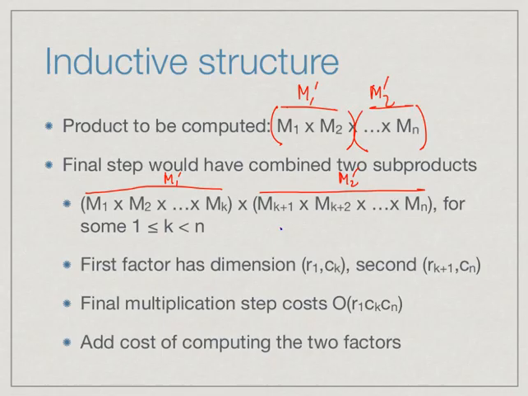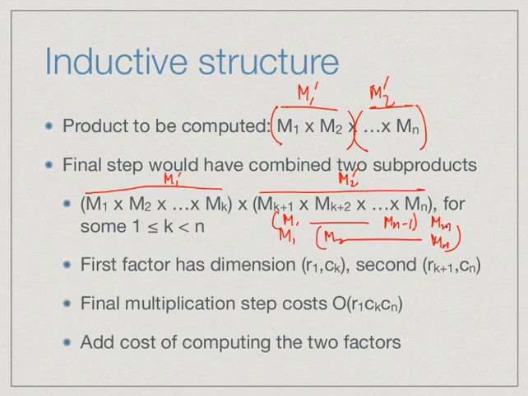And this k is somewhere between 1 and n. So in the extreme case, I could be doing M1 on one side, and on the other side, I could have done M2 up to Mn, this whole thing. The other extreme case, I could have done M1 to Mn minus 1, which I might have already computed, and now I want to finally multiply it by Mn. Or it could be anywhere in between. So if I just pick an arbitrary k, then the first one has r1 rows, ck columns.